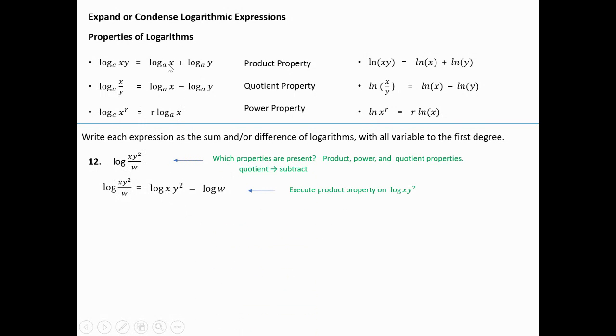So if it's product here, we're going to be adding them. Now if we notice, if it's expanded, there's no exponent, so the exponents must go to the front. Here's where we execute the power property. Exponents go to the front. So then this will be my result. You see the 2 goes to the front.